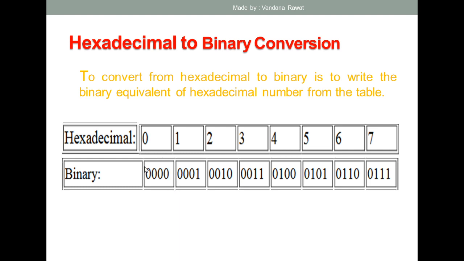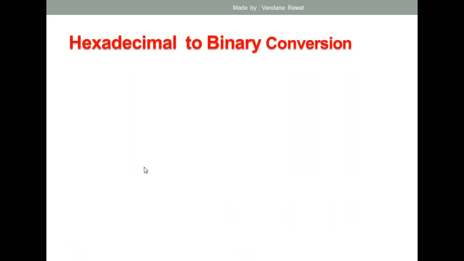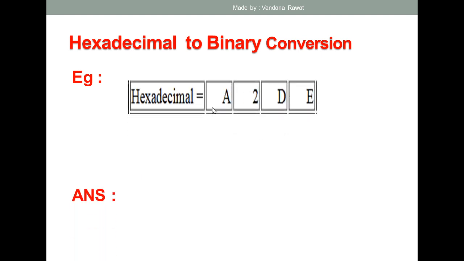And now, for example, there is one hexadecimal number, that is A2DE. This is one hexadecimal number. First of all, you will write the decimal equivalent of these numbers. If you want to represent this hexadecimal number, that is capital A, then you can write 10.